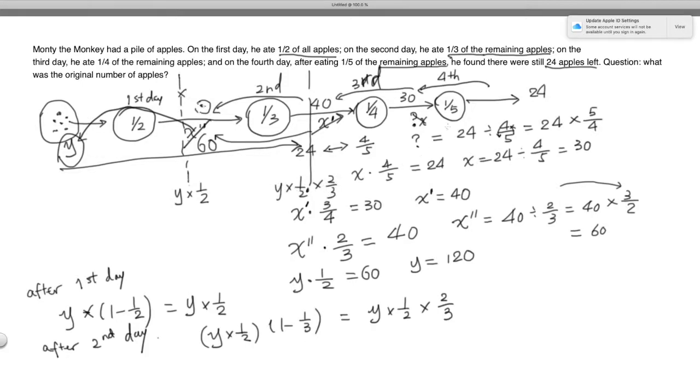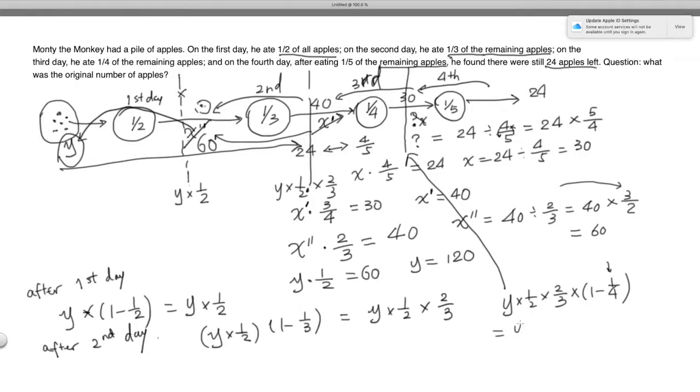How about this number now? You see the pattern. This number will be y times 1/2 times 2/3, which was the number to start with here. And after eating 1/4, what's remaining is times (1 minus 1/4). 1/4 is what he ate, and 1 minus 1/4 was left.